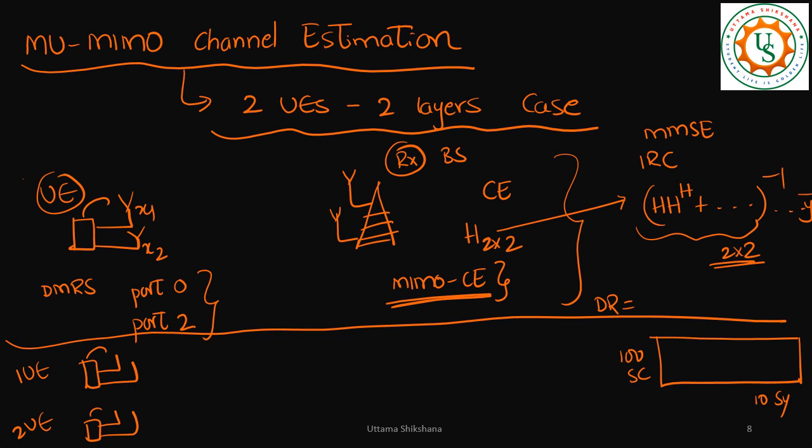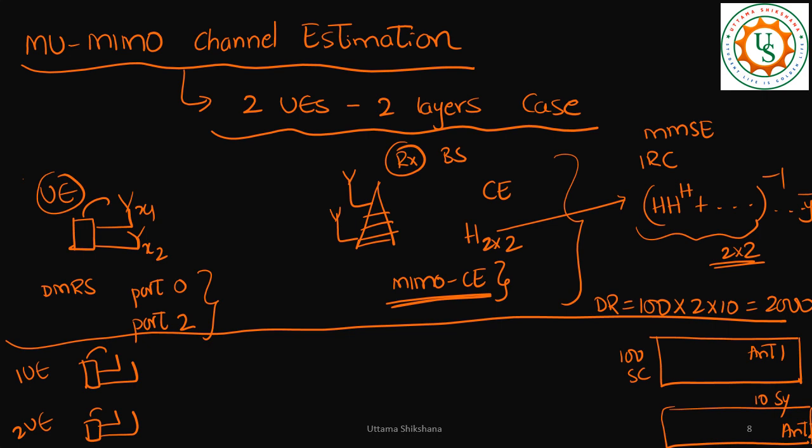And since we have two antennas here, and we are allocating all the 100 subcarriers, so 100 into 2 layers into 10 symbols, I will have 2000 bits per second, correct? So this is the OFDM grid across antenna 1, and similarly we will have one more grid for antenna 2.